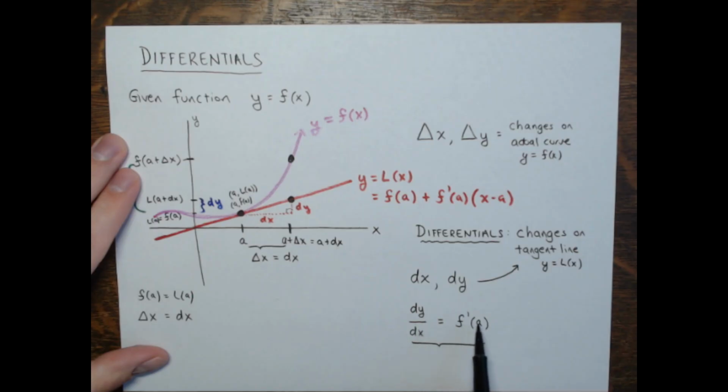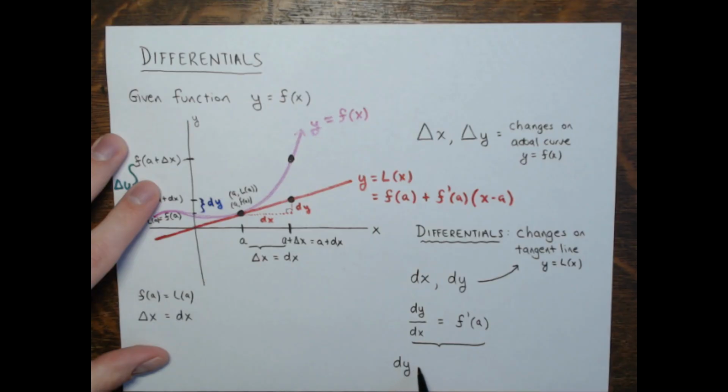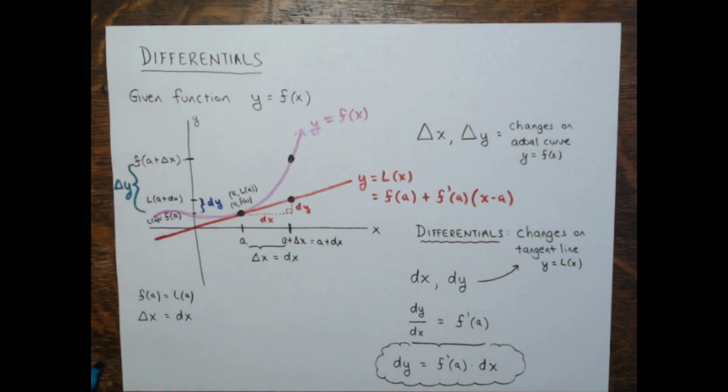And then if we put the change in x over here, we get the following, right? That the differential of y is equal to f prime at a, the slope of the tangent line, times the differential of x. So I'm going to keep this in a bubble. We're going to use this in other problems coming up.